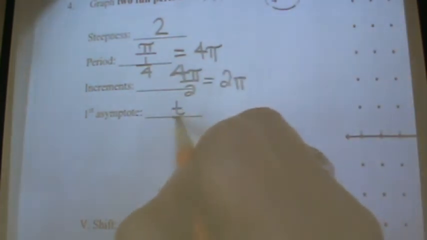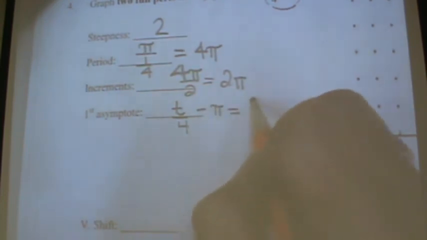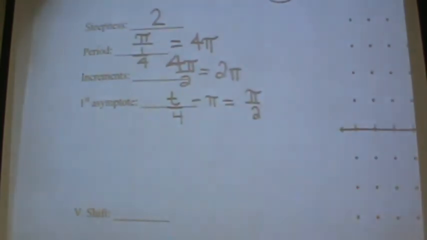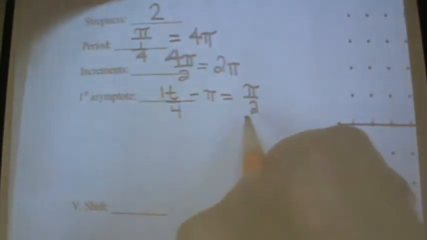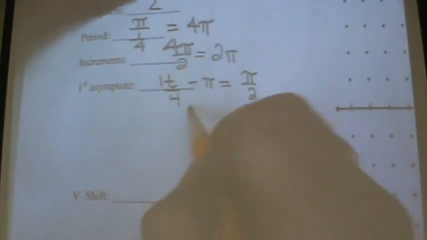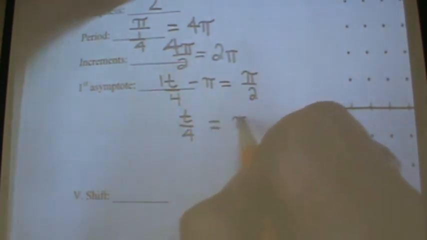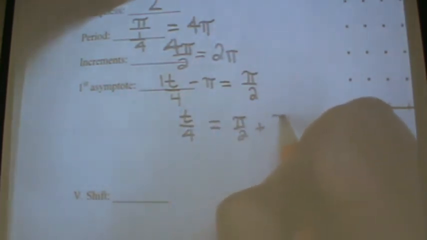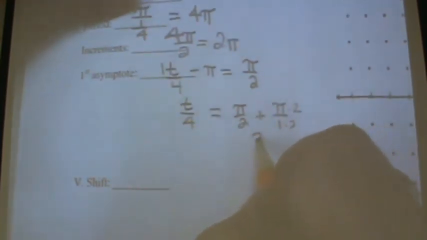Set this equal to what? Pi over 2. So you got 1/4 t minus pi equals pi over 2. What do you do? What's pi over 2 plus pi? Multiply by 2, so 3 pi over 2.